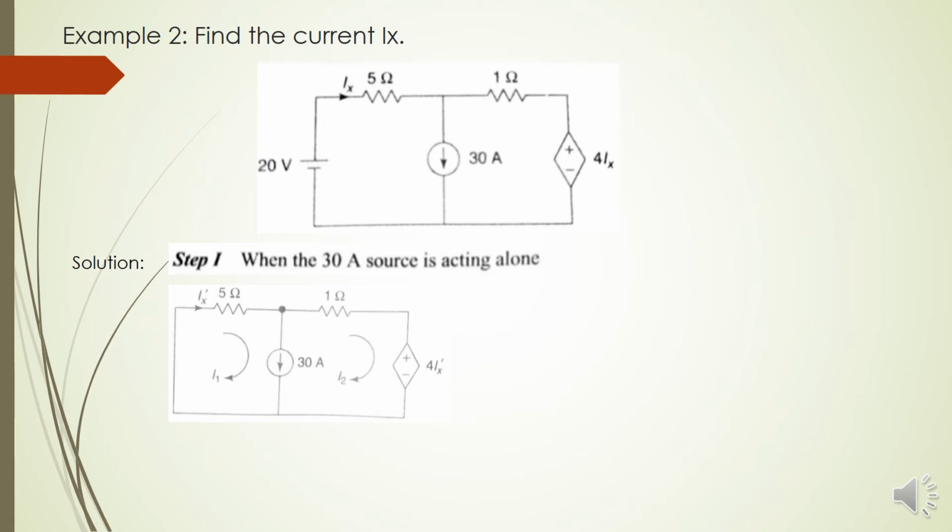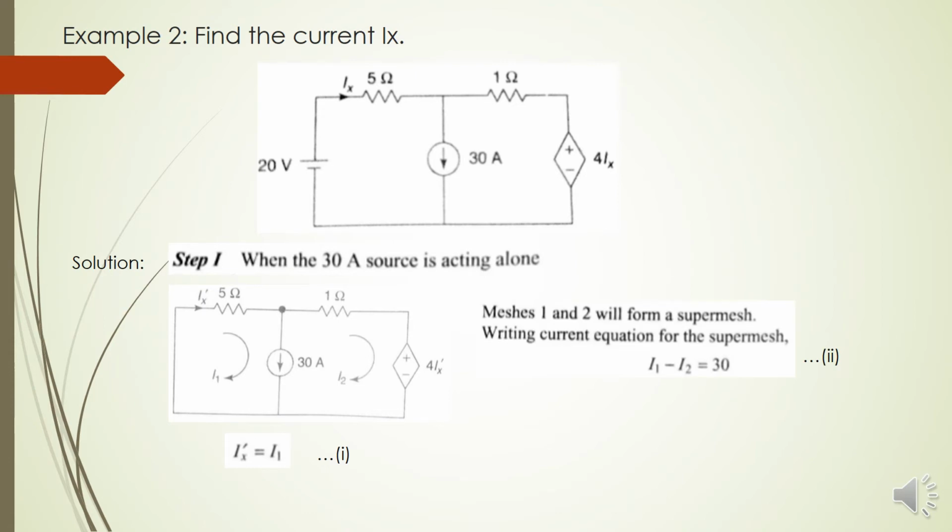Since the 30 ampere current source is common between two meshes, mesh 1 and 2 will form a super mesh. So we have to write the super mesh equation. For that we assume the current flowing in each mesh. Say I1 is flowing in mesh 1, which is equal to Ix dash, and I2 is flowing in mesh 2.